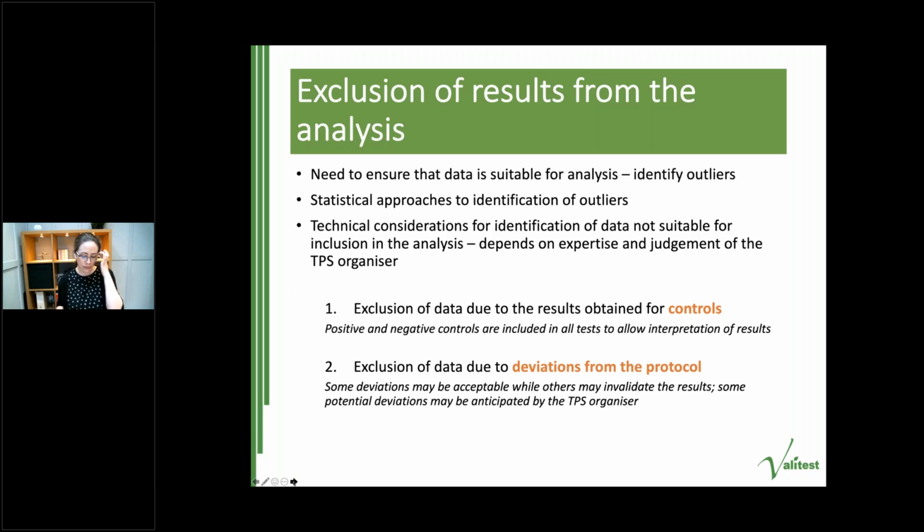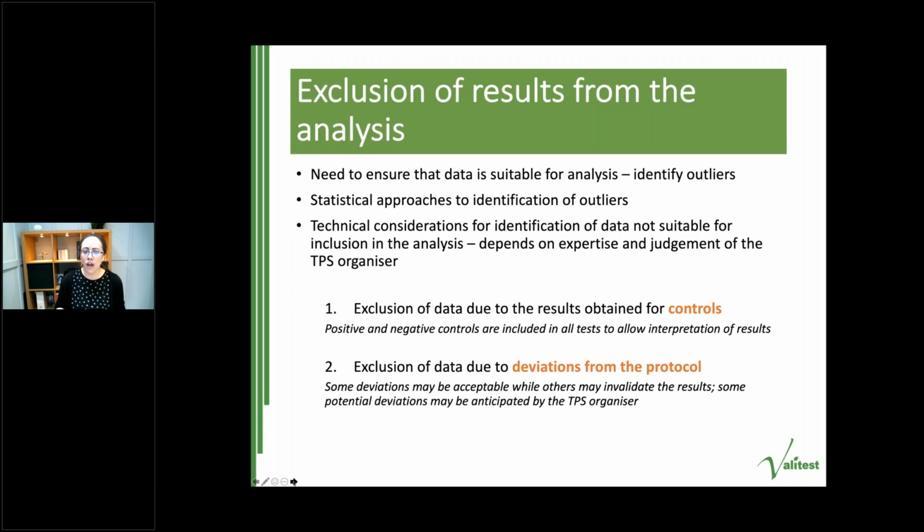So let's talk a bit more about exclusion of results from the analysis. We need to make sure that the data is suitable for analysis, which is to say we're looking to identify outliers. And there are statistical approaches to identifying outliers after the analysis. So we can perform the analysis and identify outliers and then determine whether we should exclude those. But there are technical reasons for data points to be outliers.